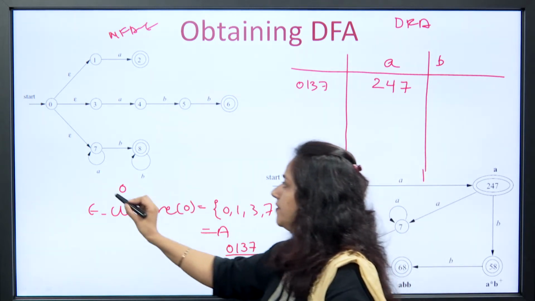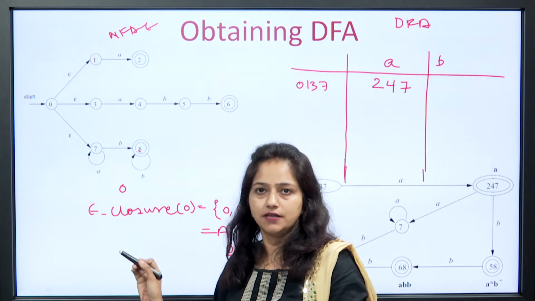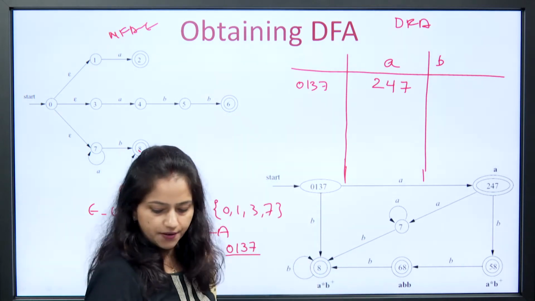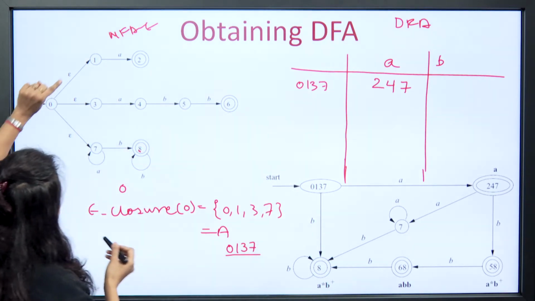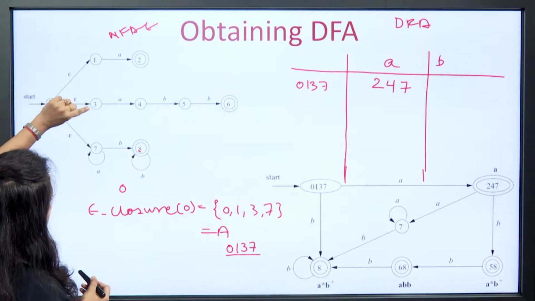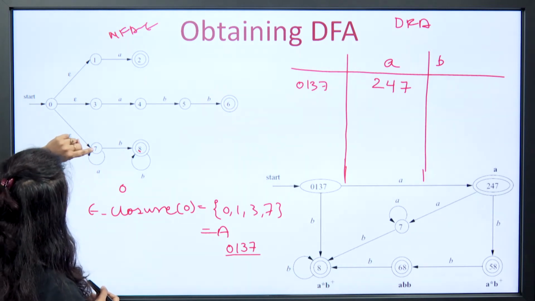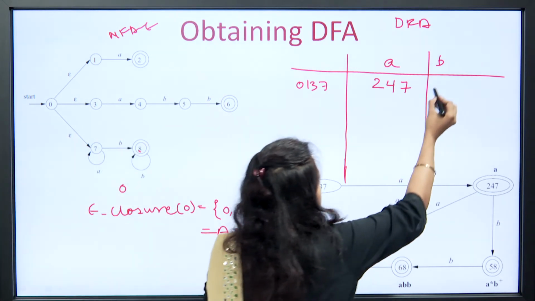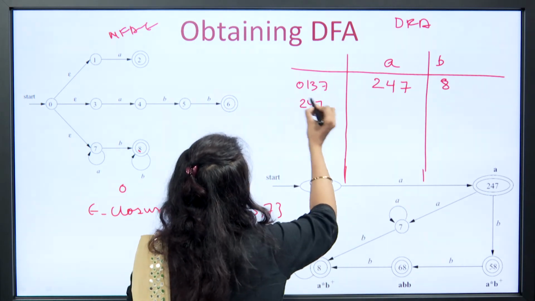E closure of 7 is 7 itself, no outgoing null transition is there. So, it will be 2, 4, 7. Now, at 0 for B, no transition; 1 for B, no transition; 3 for B, no transition; and 7 for B, next state is 8. Now, the newly appeared state is 2, 4 and 7.